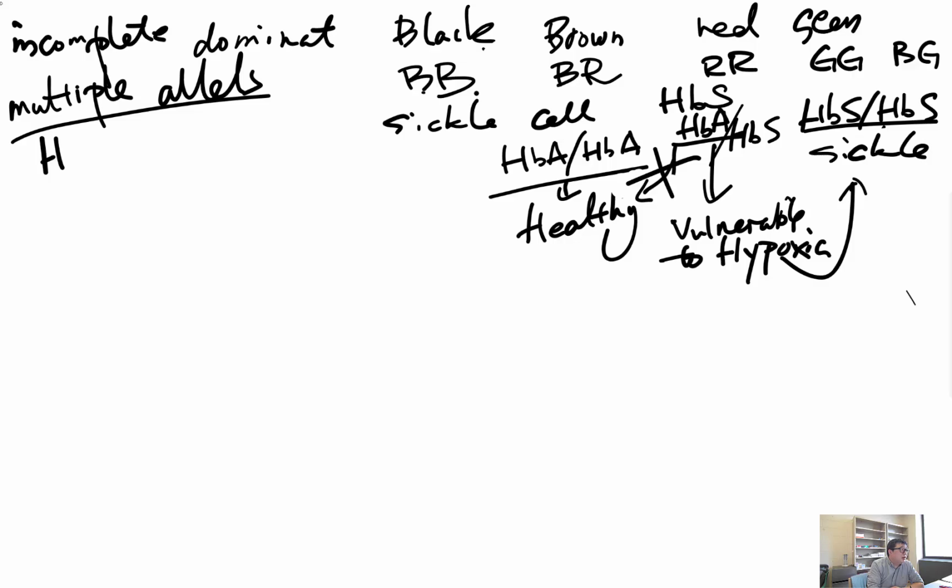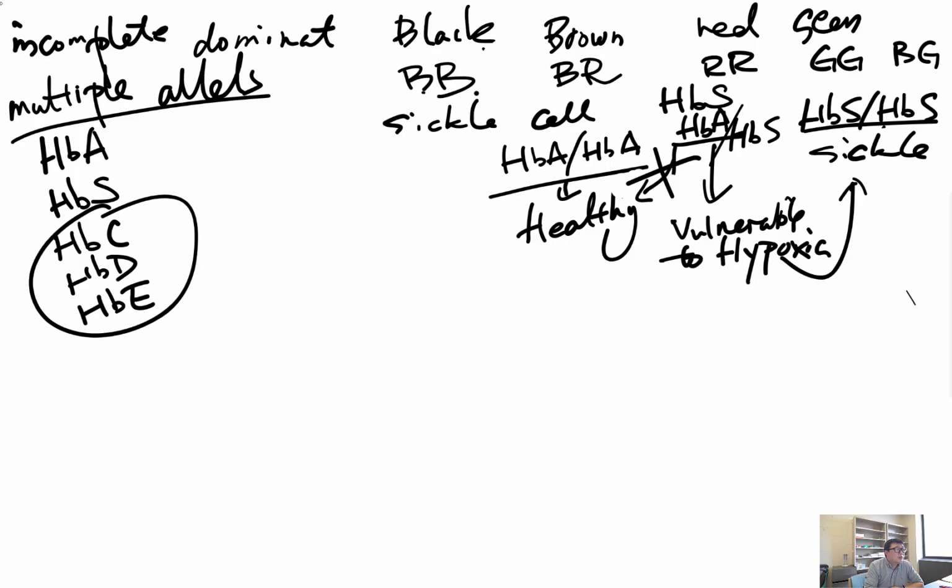We talk about HBA as the wild type, the healthy one. HBS is sickle cell. Actually, people also have HBC, HBD, HBE, and all of those are different versions, alleles, determining the same gene, the beta units of hemoglobin. If they have different combinations, then they show different phenotypes.